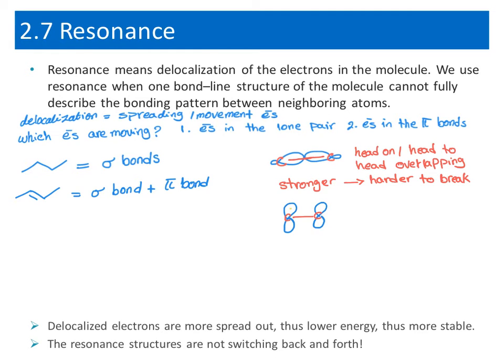These orbitals can interact with one another, and we call this type of interaction side-by-side interaction, which is weaker than head-to-head interaction, therefore it is easier to break.